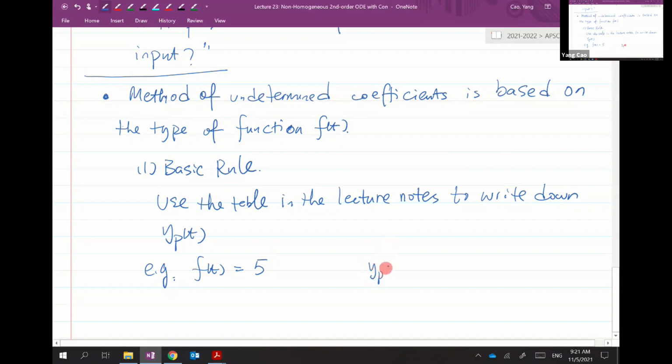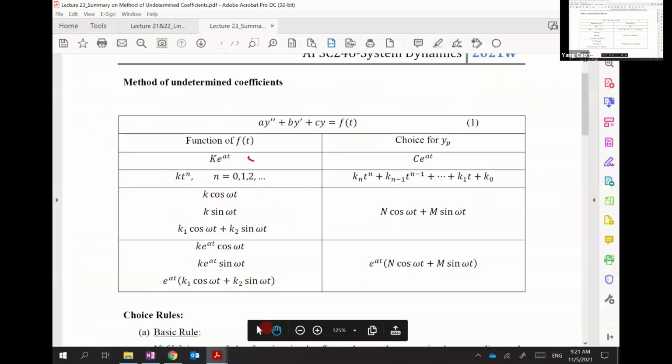So what would be your choice of yp of t according to this table? A, yes.